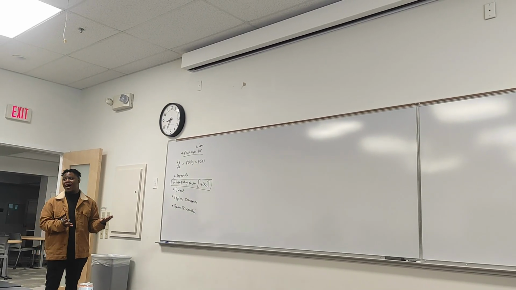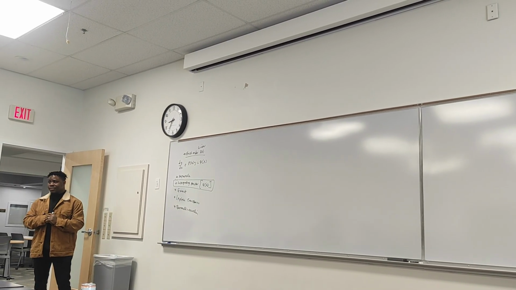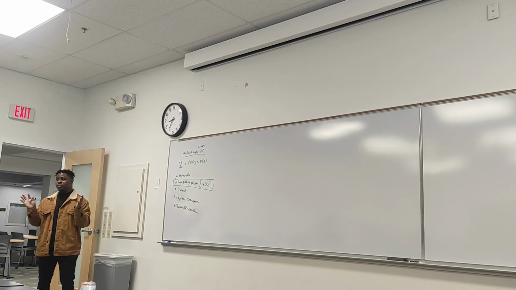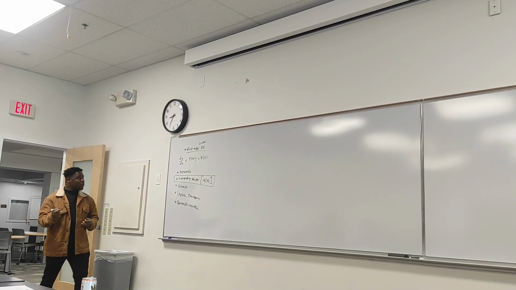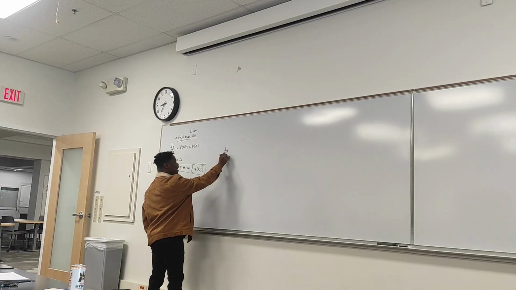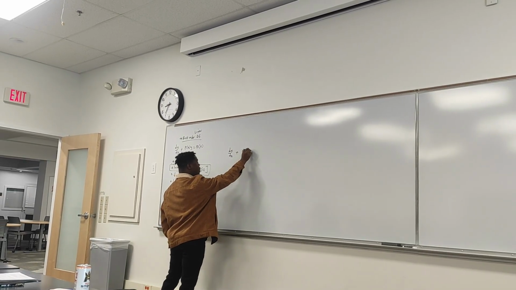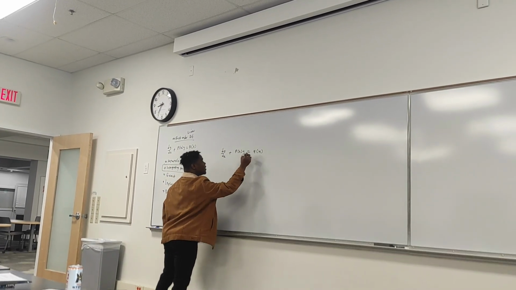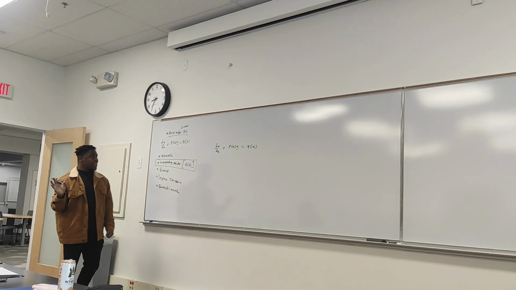Now, how do we find that u of x? I'm going to derive the formula for you, but all you need to know is the formula. So let's assume we have dy/dx, like I said, plus p of x times y is q of x. Let's multiply by the integrating factor.